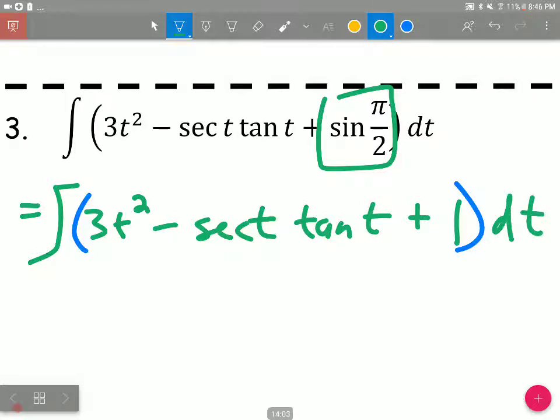If you know what the angle is that you're dealing with, and you know it turns into a 1 or a 1/2 or something like that, go ahead and do it. It makes life infinitely easier. Because there's no variable in there, this is a constant anyway. So all you would do is sine pi and put a t on the end of it.